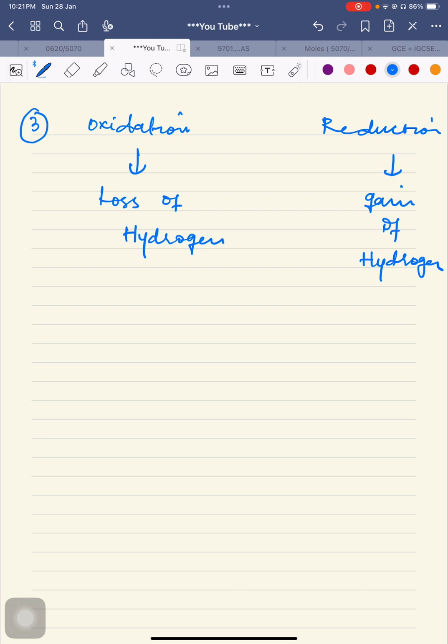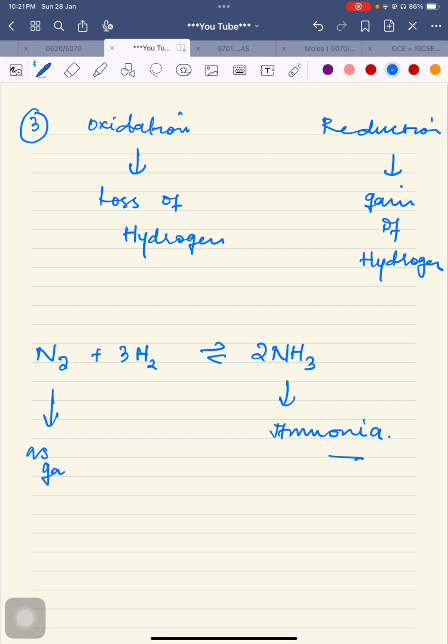We can say that N2 plus 3H2 in a reversible arrow is making 2NH3. NH3 is ammonia. According to the balanced chemical equation, we have to write these numbers. So now nitrogen is gaining hydrogen, and as it is gaining hydrogen, it is undergoing reduction.